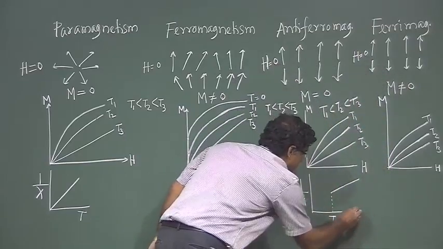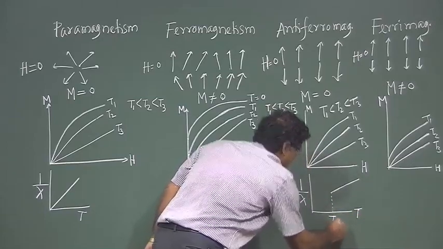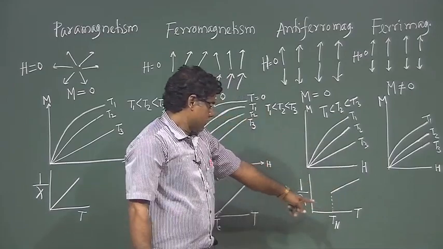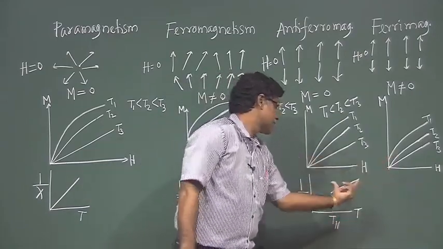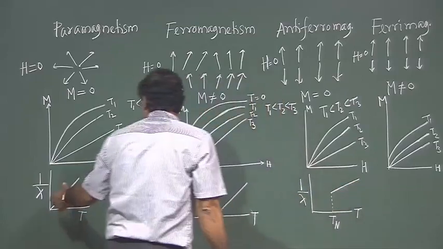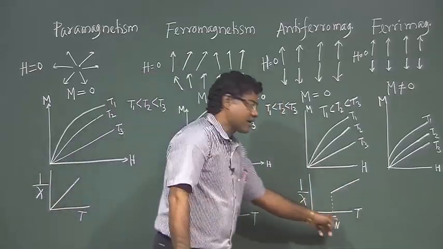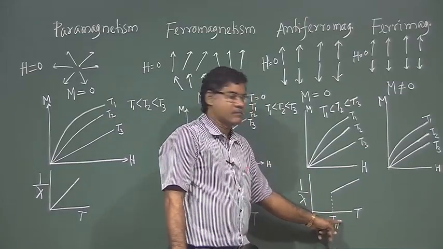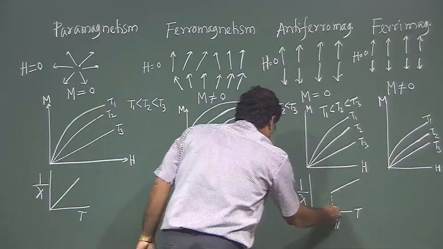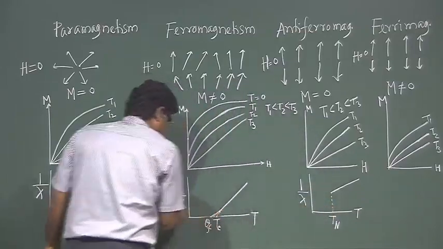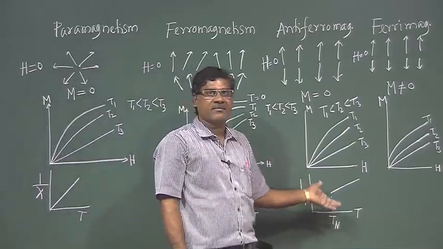So, there is a temperature, above that temperature it is like this, like paramagnetic one. Okay. So, this temperature is called Néel temperature, and below this temperature TN, below this Tc, okay, their behavior is different.